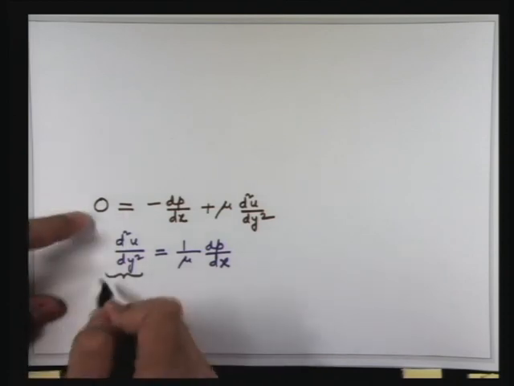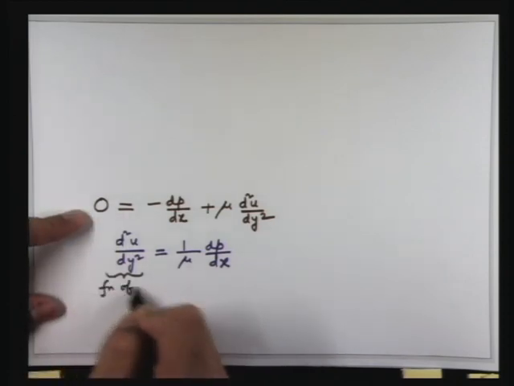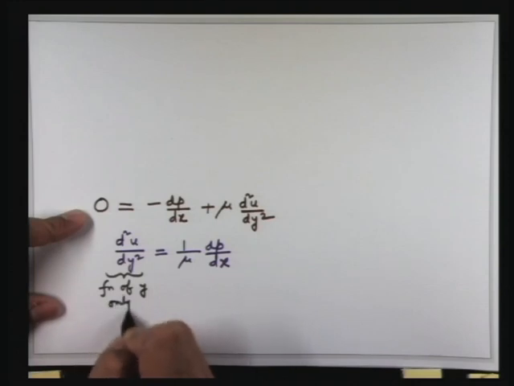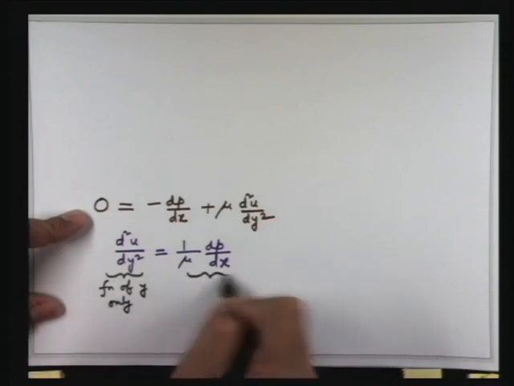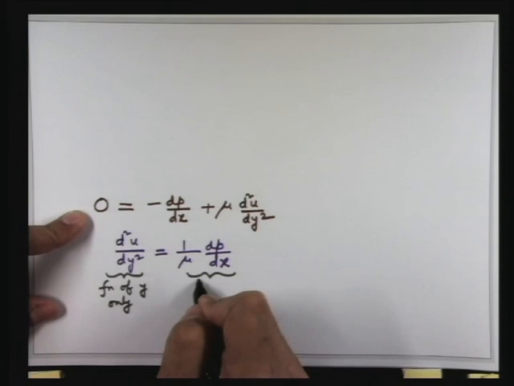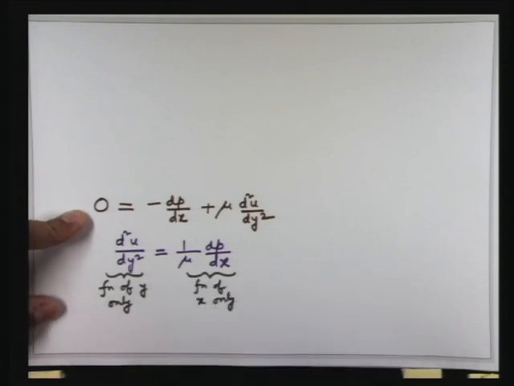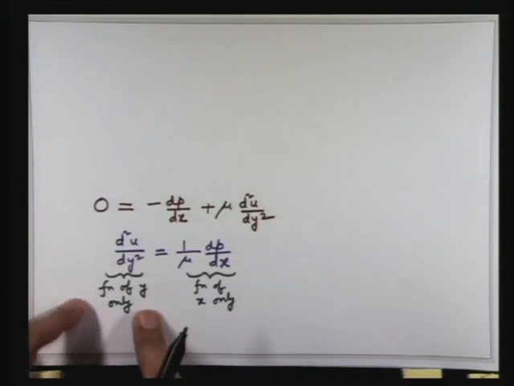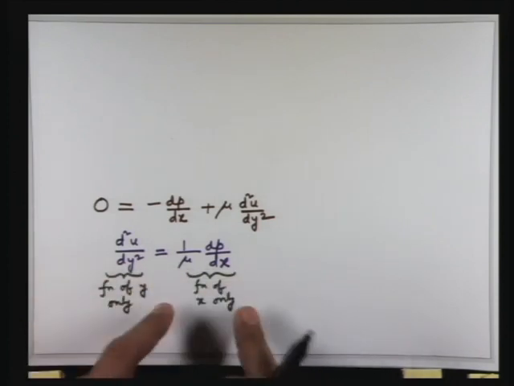This is a function of y only. And this is a function of x only, because P is a function of x only, so dP dx is also a function of x only. So you have a function of y only equal to a function of x only.